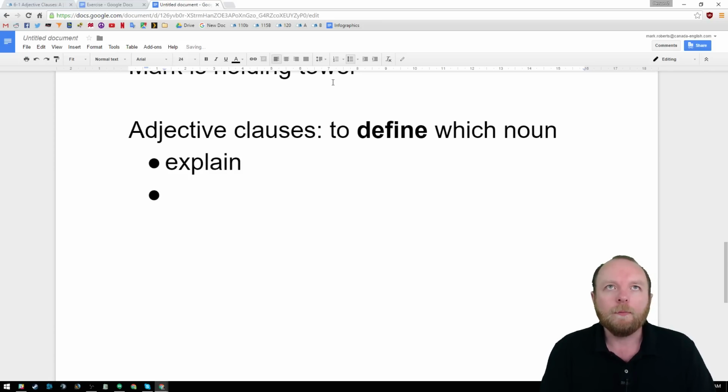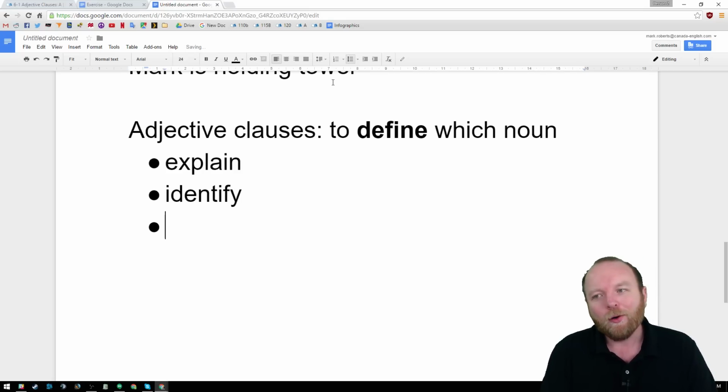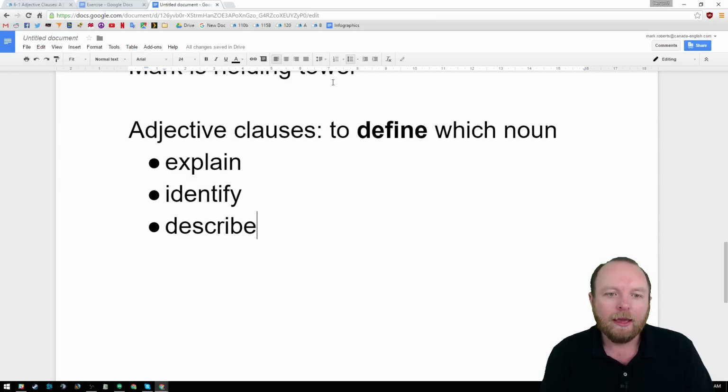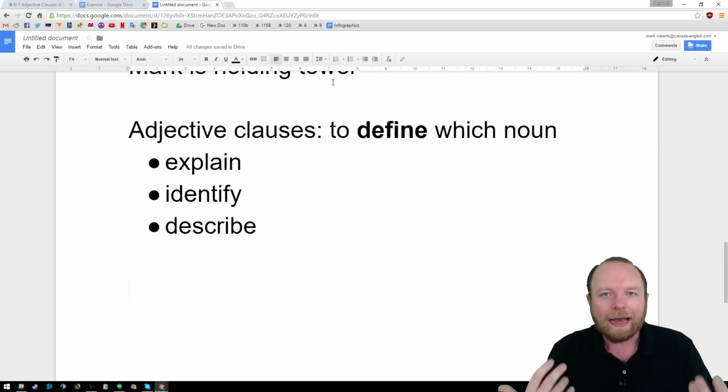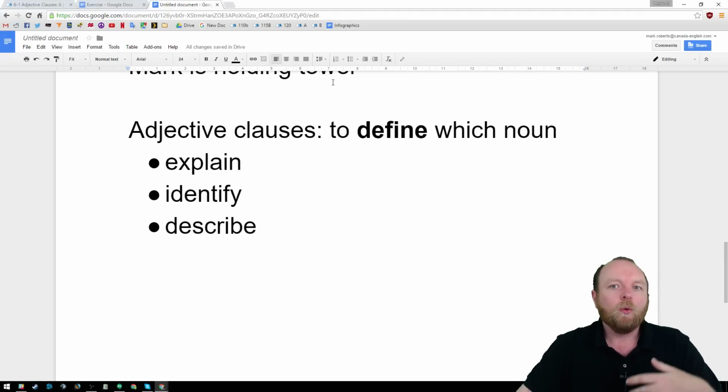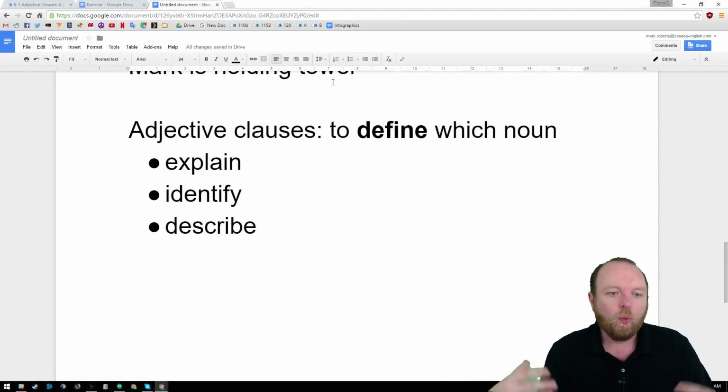Explain or identify. Whoa, identify. Or what else could we say? Describe. Okay, define. Which one? Which one? Okay, so sometimes we use adjective clauses to explain which noun, which one.